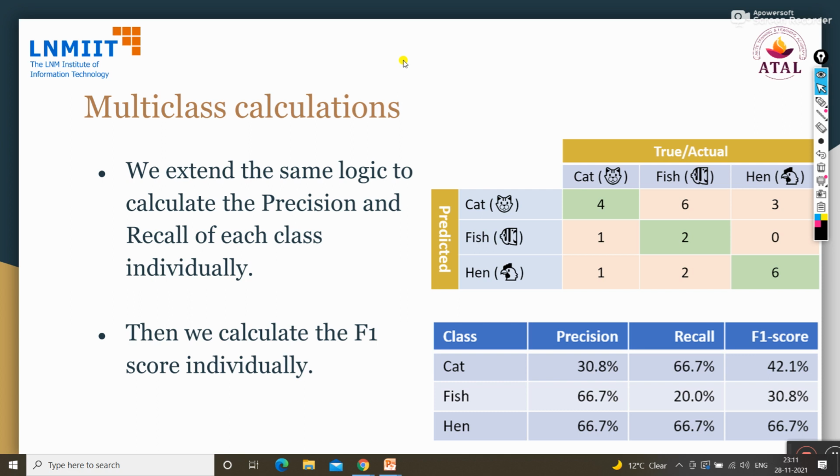That's correct, we have deployed the formula correctly. Now similarly we calculate recall and F1 score also. We will see that hen is having a better F1 score.